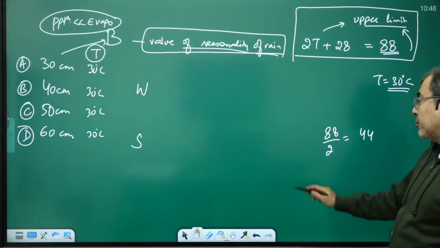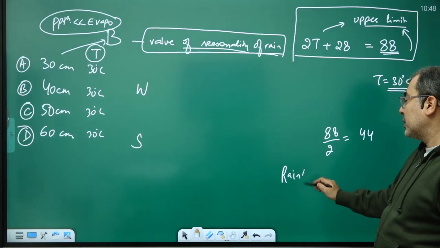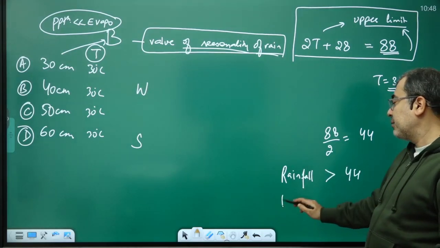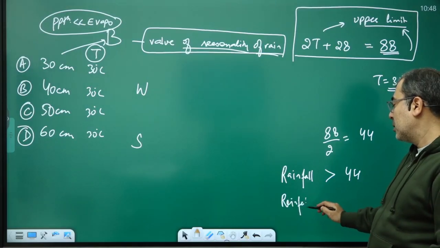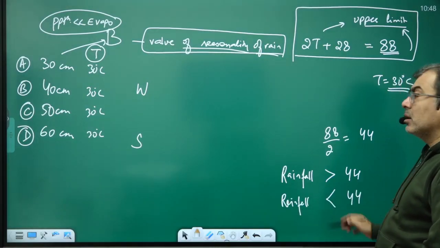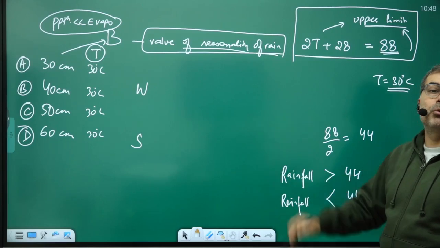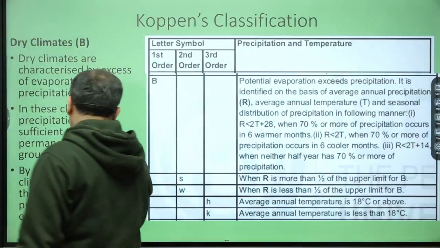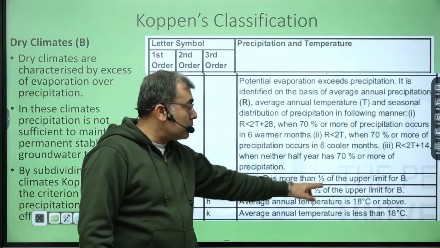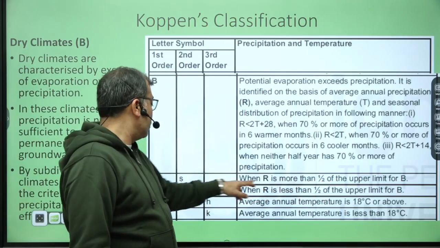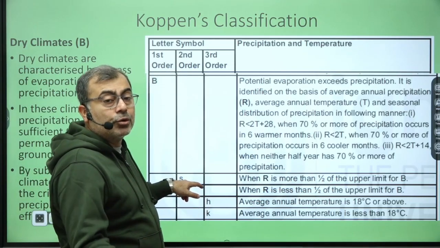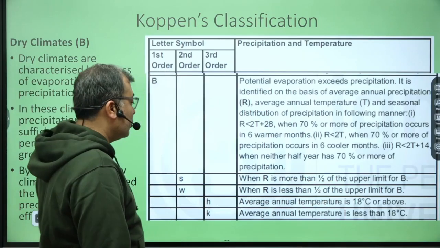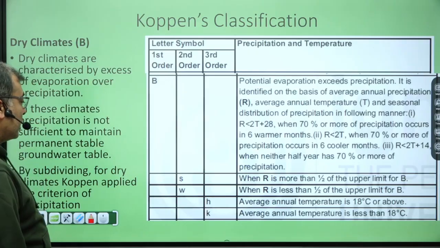So if the rainfall is more than 44 and if the rainfall is less than 44, that will decide S and W. So the formula says when R is more than half of the upper limit, then you are S, meaning semi-arid, more rain happened. When R is less than half of the upper limit, then you are W. Is everyone okay?